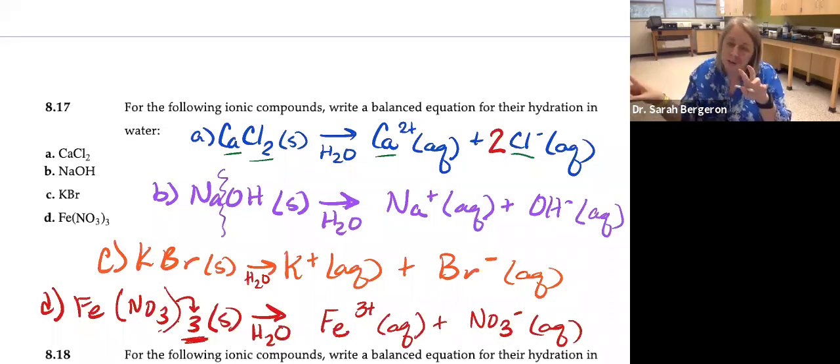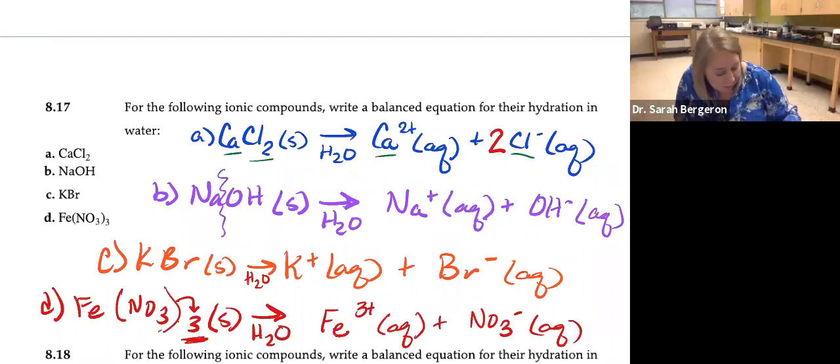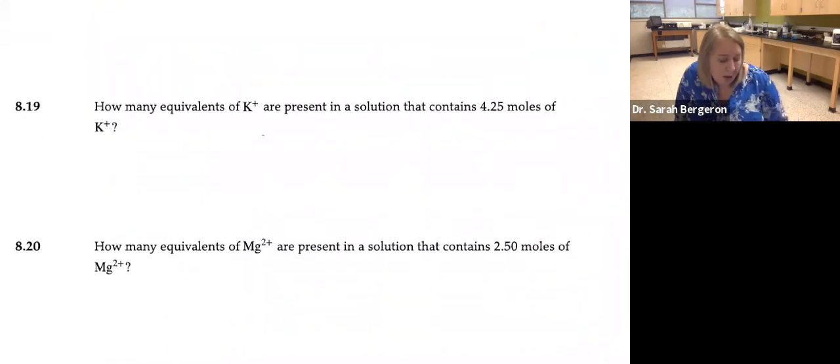And then when I dissolve it in water, those 3 ionic bonds are going to separate. And so I'm going to need to have 3 of those polyatomic ions. Okay, so be careful that you correctly balance. And it's true, you have 3 nitrogens on both sides, and then you have 9 oxygens on both sides.